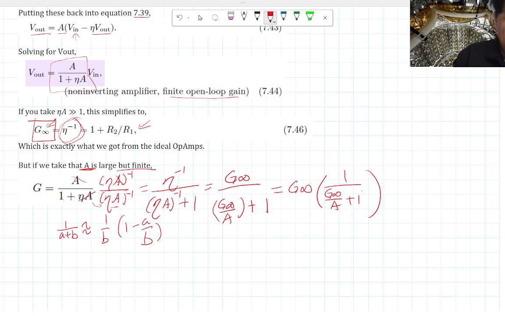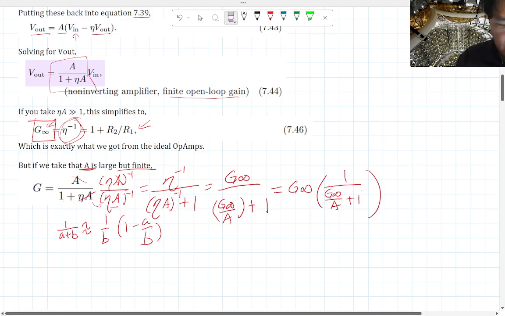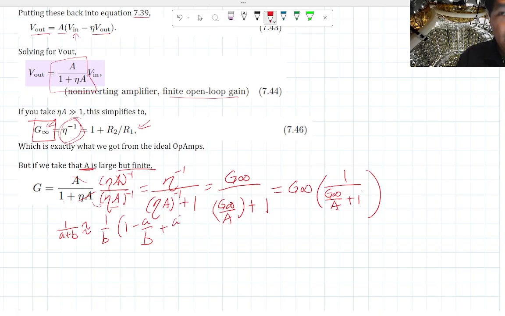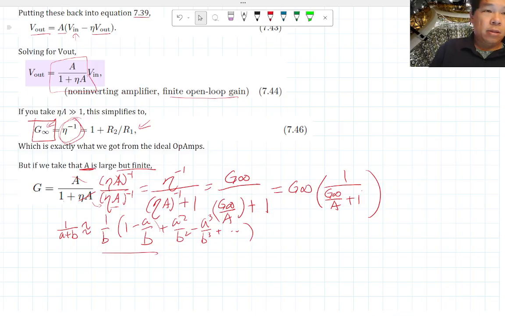I mean, this technically goes on. So the sign switches, this will be a squared over b squared, then the signs switch again, a to the third over b to the third, and so on like that. Okay, but we're just going to keep these to first order. Let's go back to the recording.